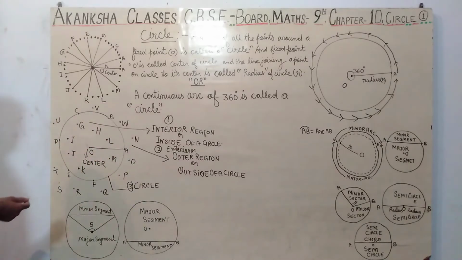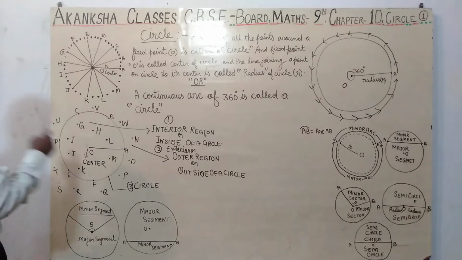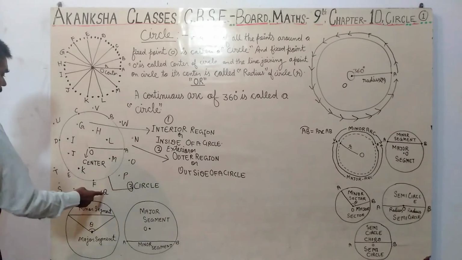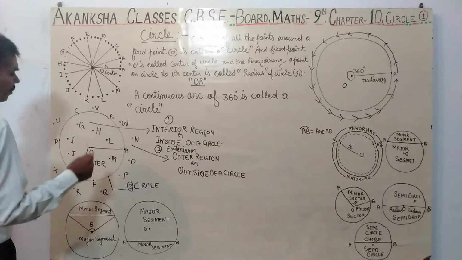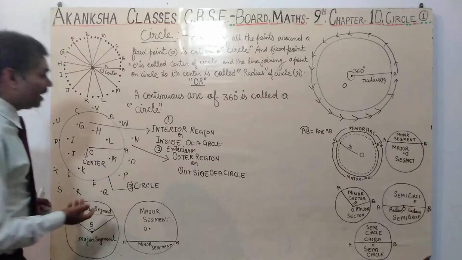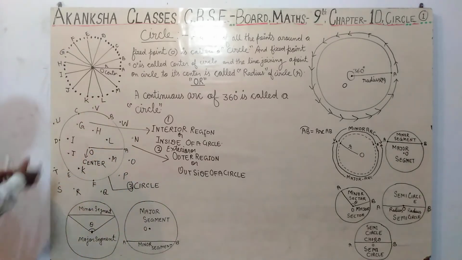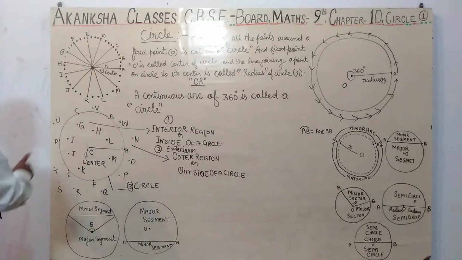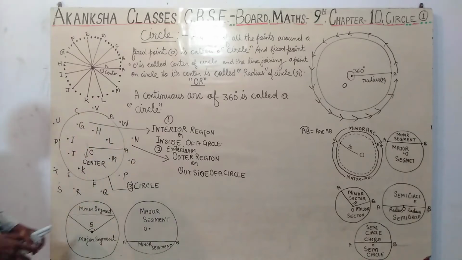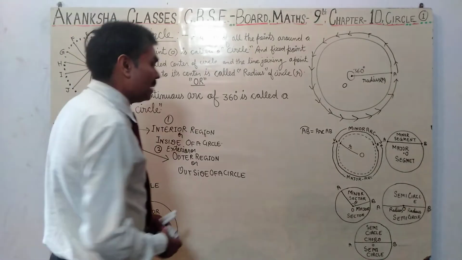The points N, O, P, Q, R, S, T, U, V, W, etc. lie outside of the circle, or in the exterior region, while the points A, B, C, D, E and F lie on the circle. Understood completely? Any problem?